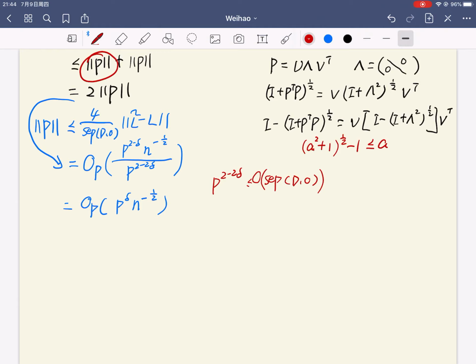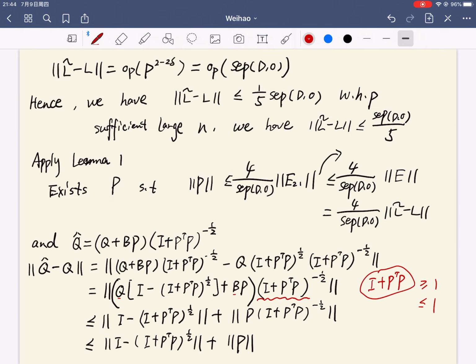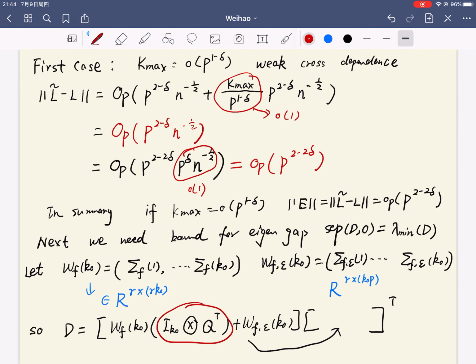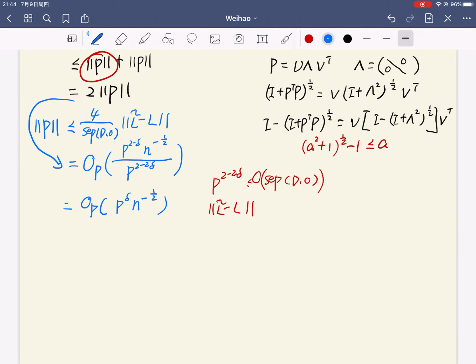And second is this bound. So we got that, if we have weak cross dependence.